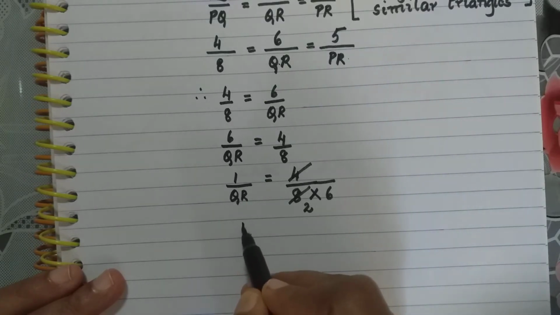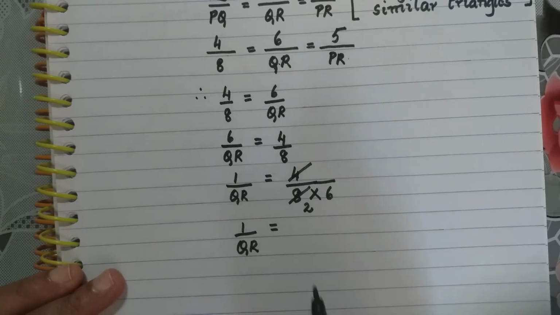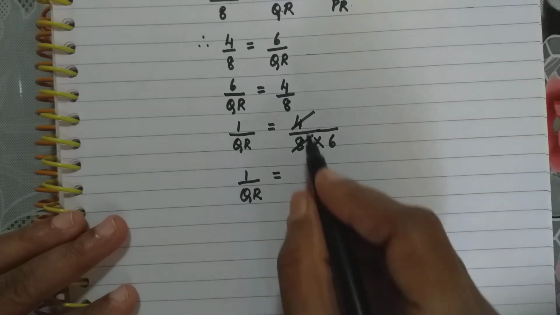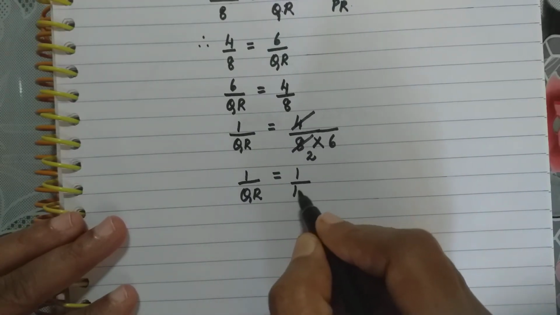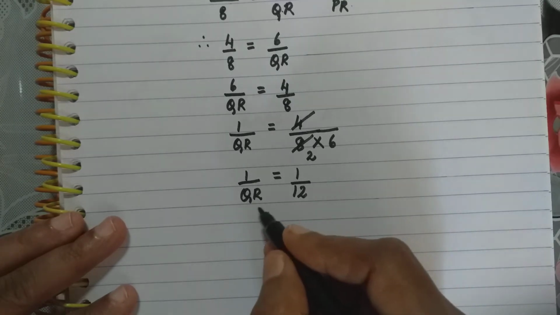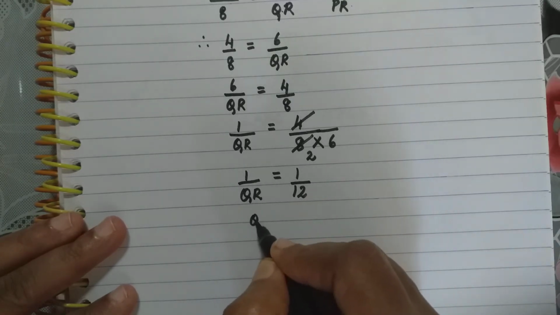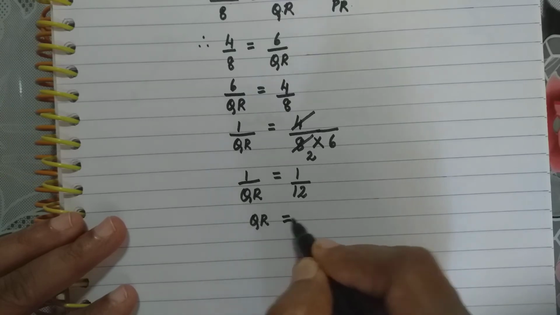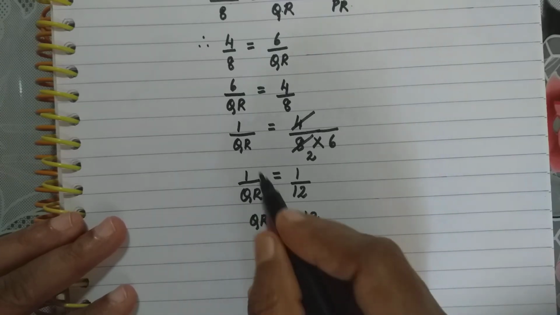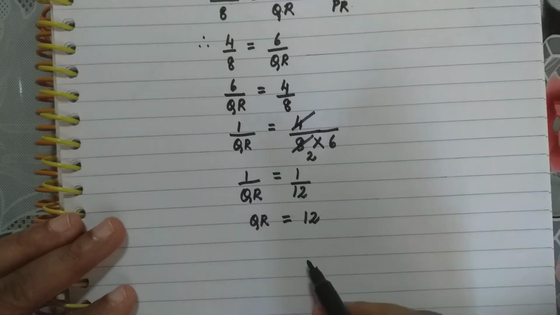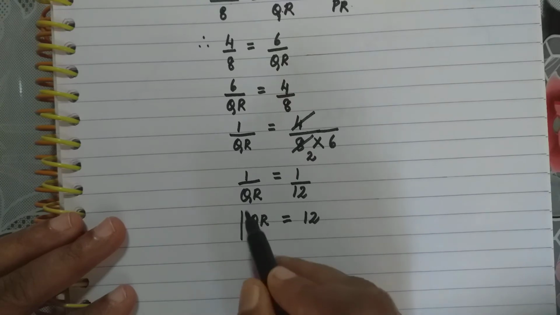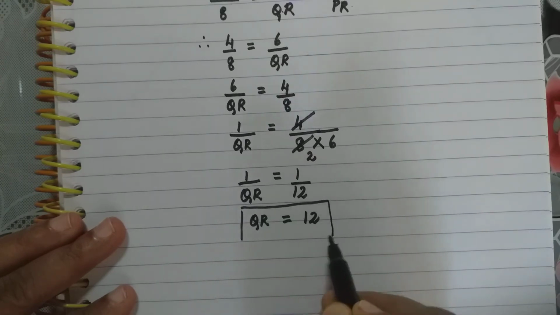So I have here 1 upon QR is equal to 1 upon 2 into 6, that is 12. Now if I take the reciprocal, I get QR is equal to 12. Reciprocal of 1 upon QR is QR upon 1, which is QR, and 12 upon 1 is 12. Therefore, QR is equal to 12.